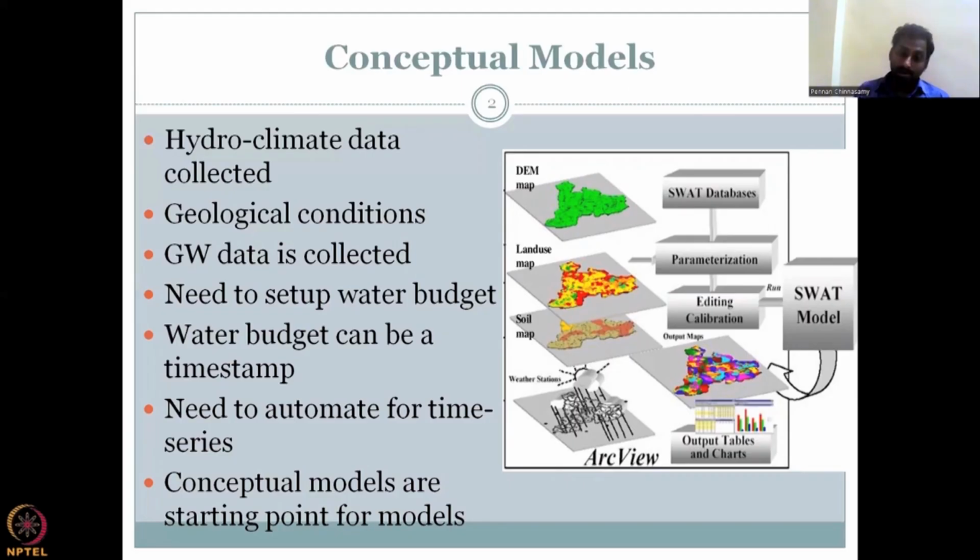Then you have the soil map, which can show different soil types in a given location. And every soil behaves differently for a particular slope and rainfall.